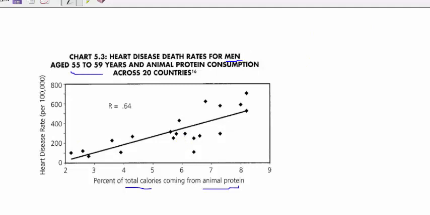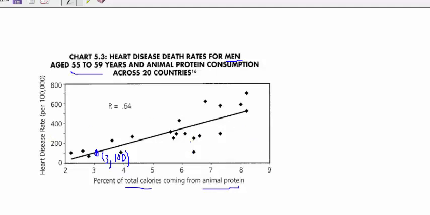We could also construct an algebraic equation, the equation of a line that might be very close to the pattern. So we could get 2 points. Here's the point where the x value is 3, and then this looks like it's 100. So 3% of the calories, and that is 100 deaths due to heart disease.